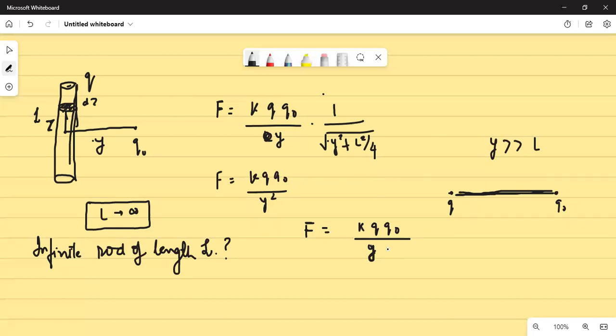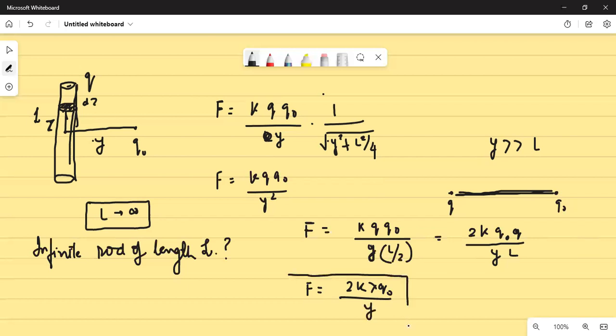You can take L square by 4 common out, and it will come out as L by 2. So it will come out as 2 K Q Q naught divided by y into L. And Q by L is lambda.